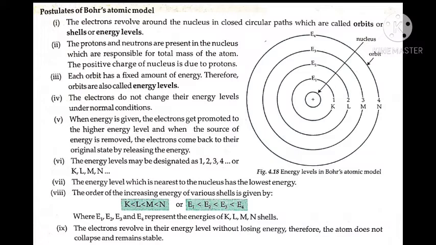So we can indicate the energy levels by E1, E2, E3 and E4 in ascending order, where E1, E2, E3 and E4 represent the energies of the K, L, M and N shells. The electrons revolve in their energy level without losing energy. Therefore, the atom does not collapse and remains stable.